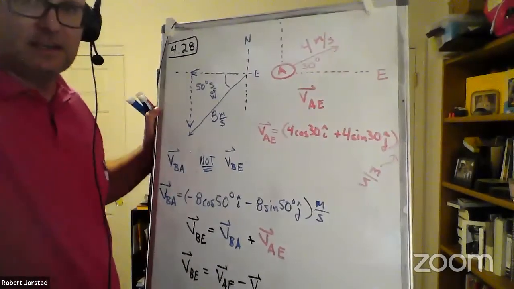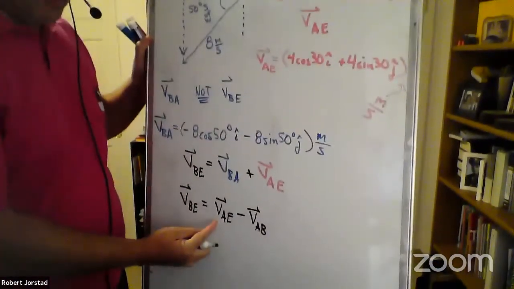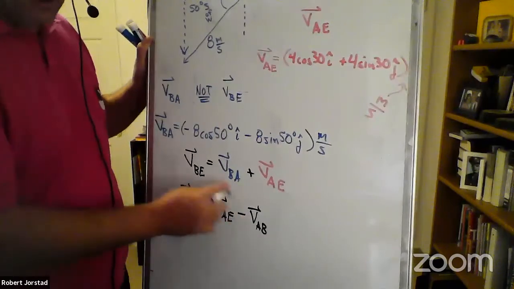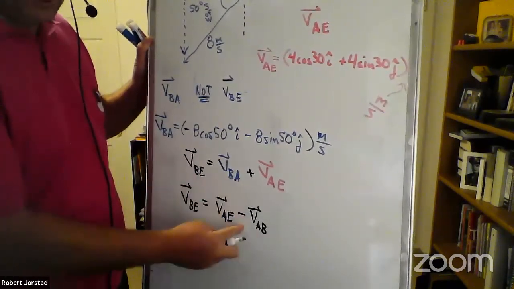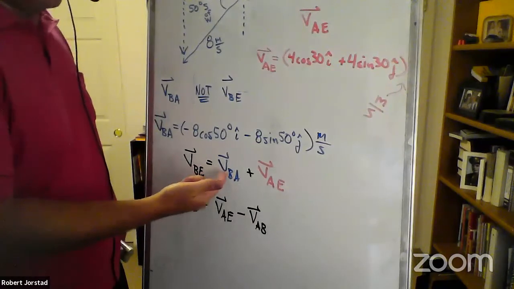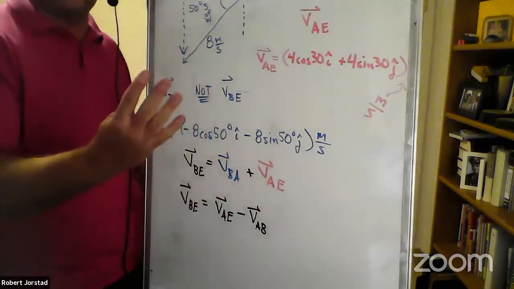So you said this, right? Let's check. VAE should be positive. And look, if you flip the order there, shouldn't that also be true? Yeah, so that's a valid way to do it. We can see there are 2 ways to write this and 2 ways to write that, so there are 4 correct different ways to write this vector.